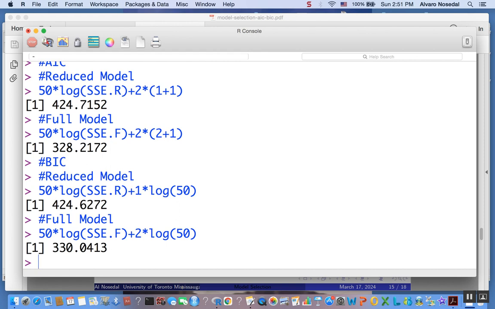So again, using both criteria, AIC or BIC, the more complicated model is preferred, even after you have taken into account the complexity of the model. So it is closer, and it is worthwhile to use the more complicated model. Okay?